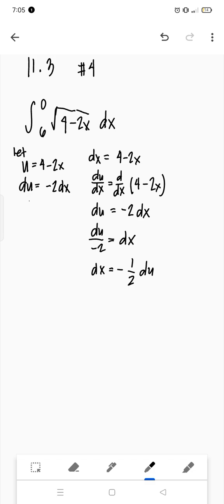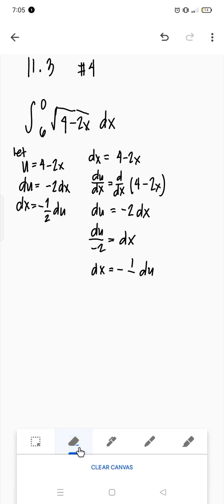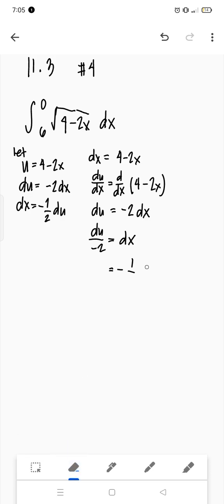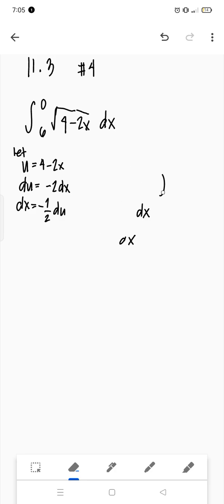So here's our answer for dx, which is negative 1/2 du. I will erase this to have more area for solving.